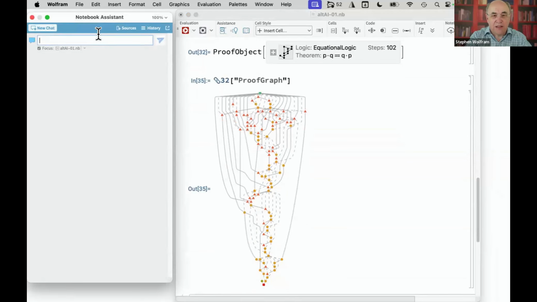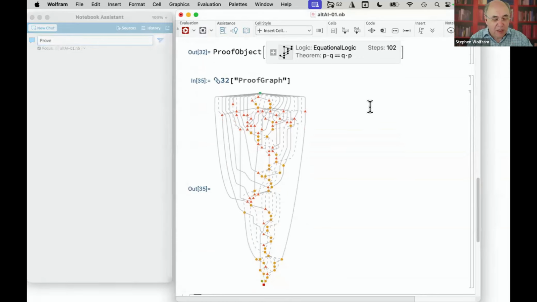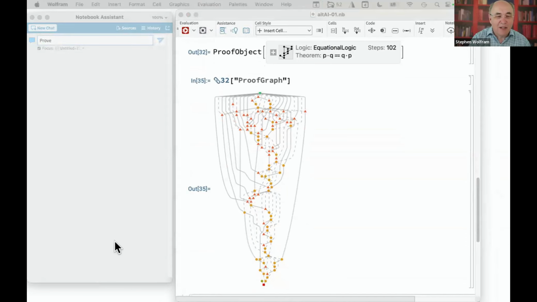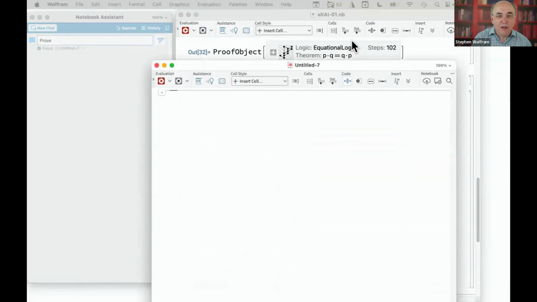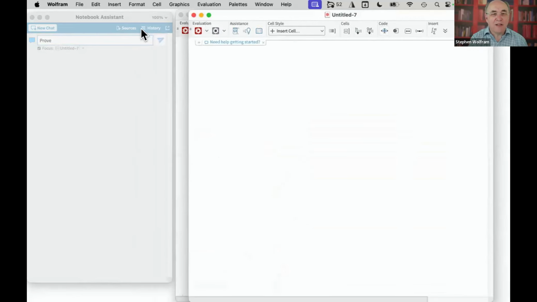This is our notebook assistant. I could do something really dangerous. I could say something like prove, you know what, I need to have it not be able to see what I just did. Otherwise it will cheat because it can see what I just did. Let me try doing that and see whether, yes, it's now looking at that.